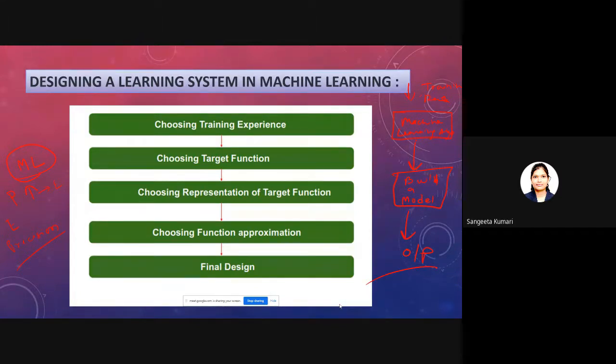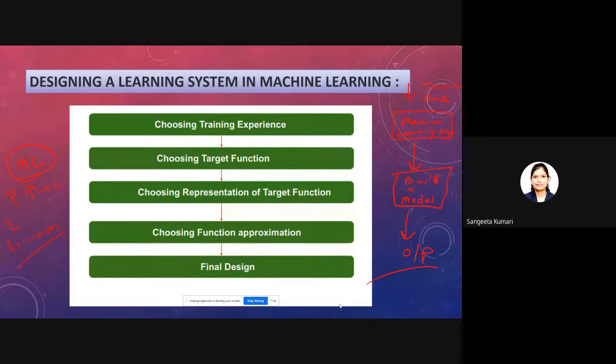So in this designing process, these are the steps which you can see on the screen, right? You can take the example of a self-driving car. There are a few examples which are my favorite: weight versus height, spam, non-spam, driverless car.